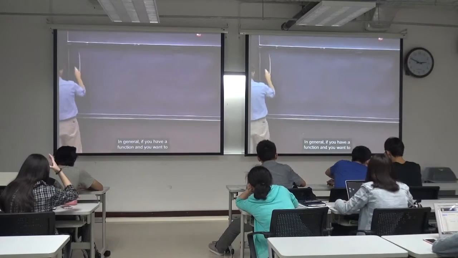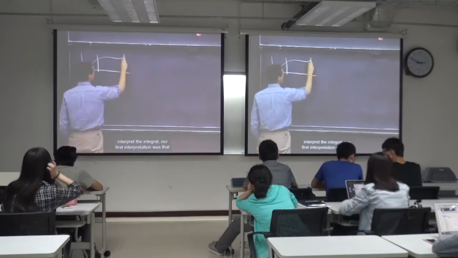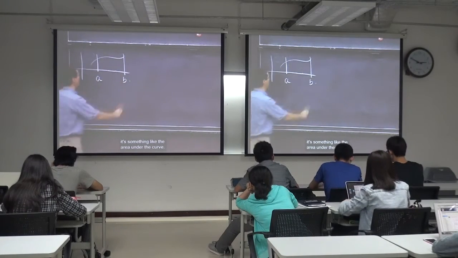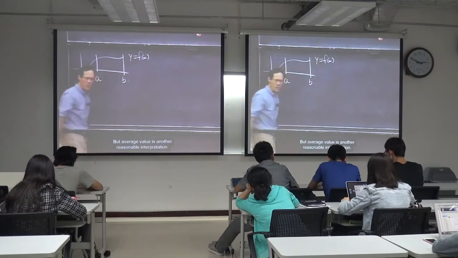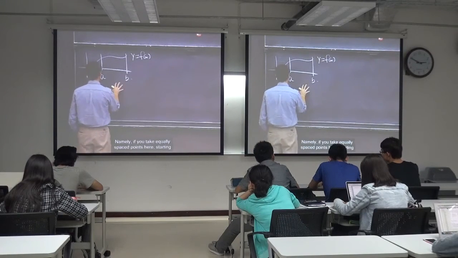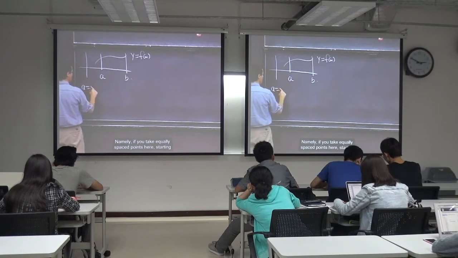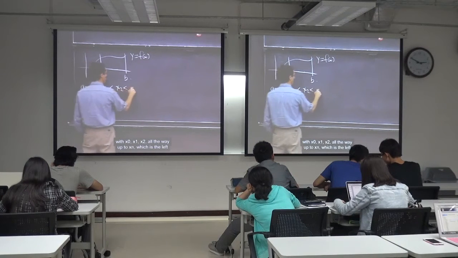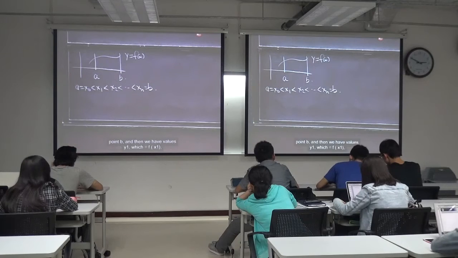In general, if you have a function and you want to interpret the integral, our first interpretation was that it's something like the area under the curve. But average value is another reasonable interpretation. Namely, to take equally spaced points here, starting with x0, x1, x2, all the way up to xn, which is the right point b.